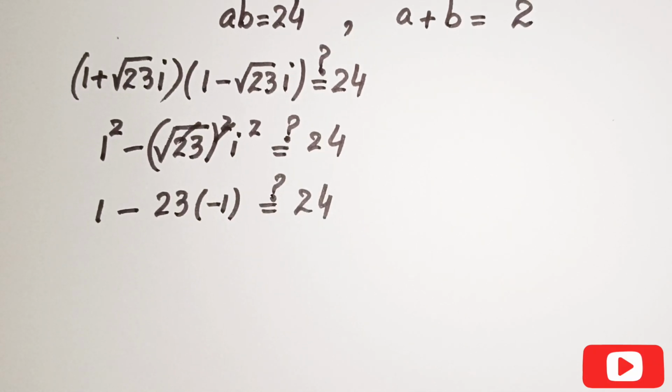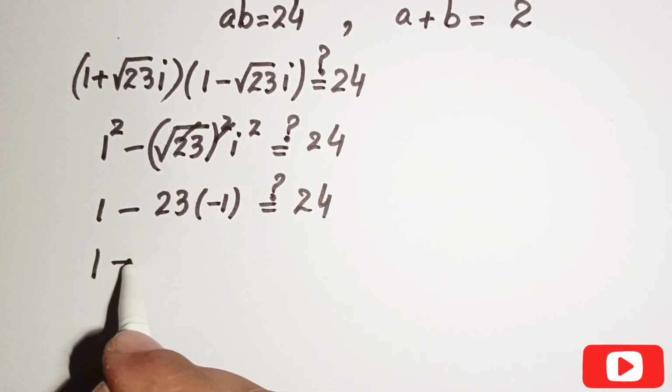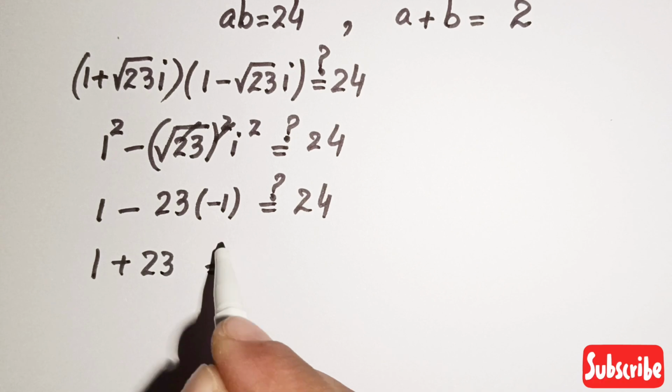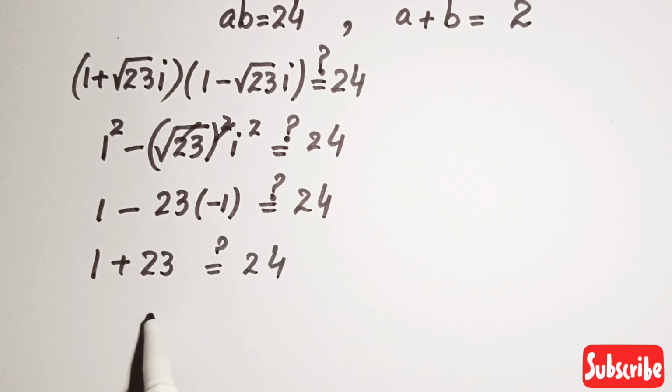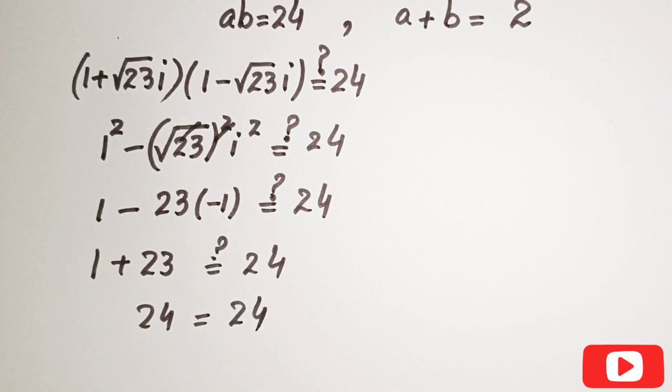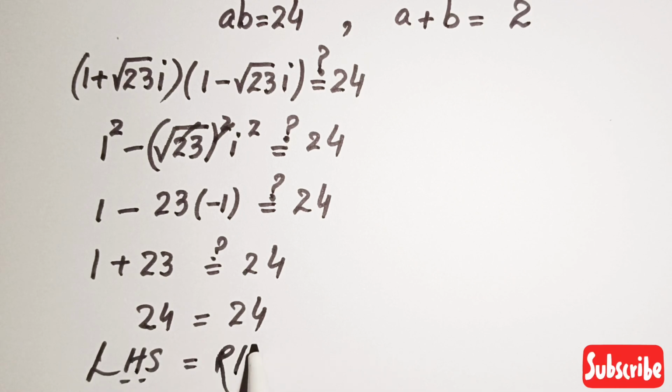So here we have 1 minus minus, plus 23. So finally 1 plus 23 is equal to 24, then 24 is equal to 24. Hence our left hand side is equal to right hand side.